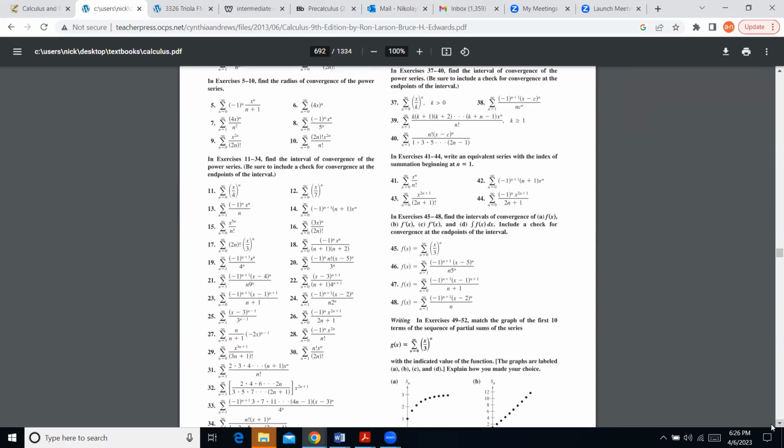And maybe I can look at exercise number 25, because n's powers, n on the top and on the bottom. That's why I selected it.